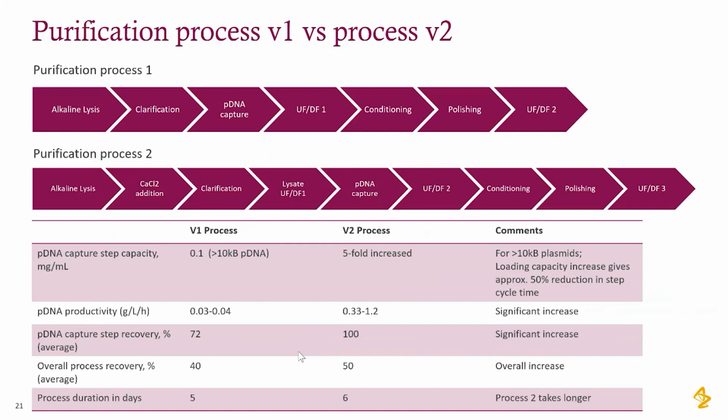We achieved a 5-fold increase. We increased our plasmid DNA productivity quite a lot. Plasmid DNA capture step recovery also increased, as well as overall process recovery. And process duration in days, the version 2 process, unfortunately, is a little bit longer.